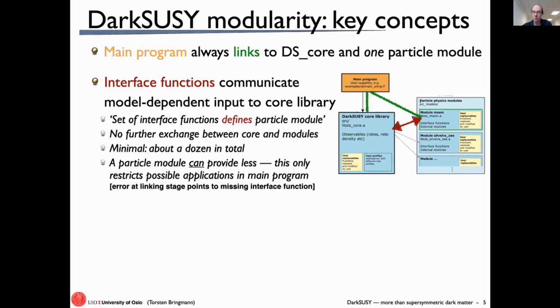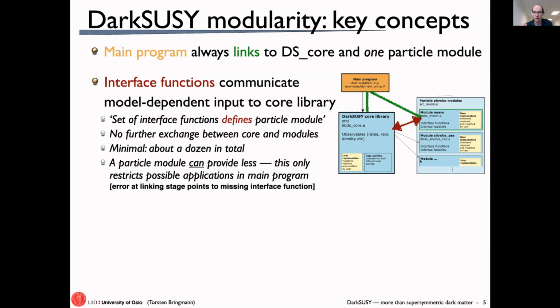Technically, the particle physics modules are defined by a small set, a handful, essentially, of interface functions that define what the particle physics module can do. This is the only thing that the DarkSUSY core library needs to know about the particle physics module, and that is also the only thing that you, as a user, need to provide if you want to supply a new particle physics module.